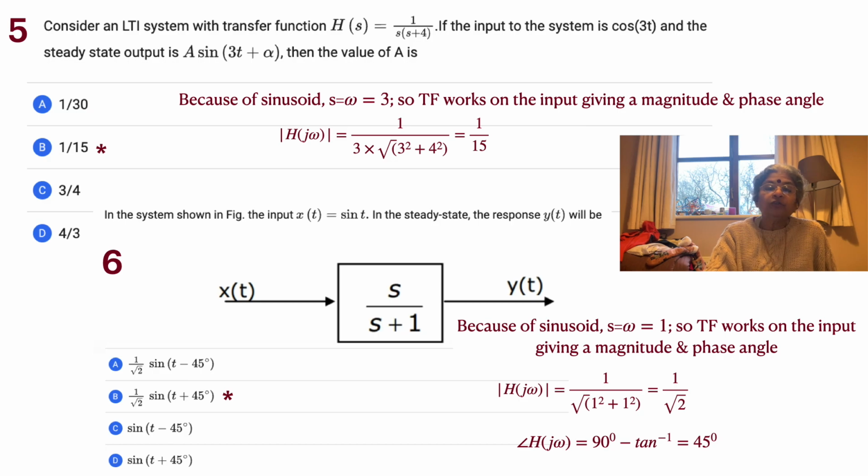I suppose both these related problems have explained to you how these kinds of problems can be done in a different manner, wherein if there is a block working on the input, then what comes out is the result of the transfer function block working on the input.